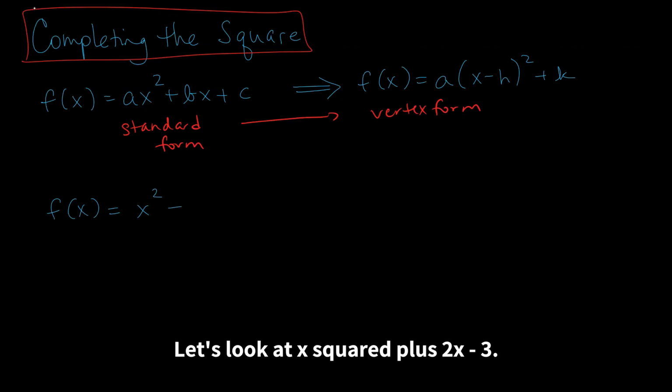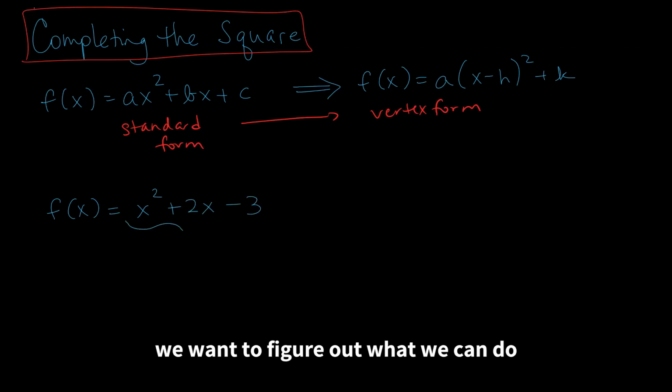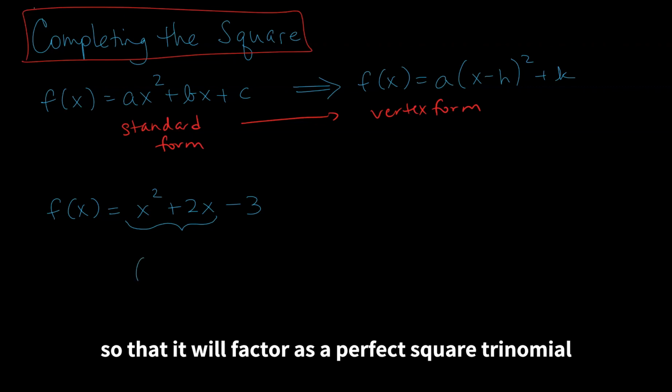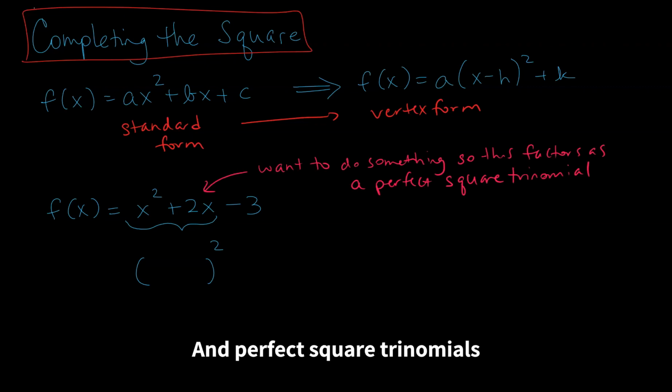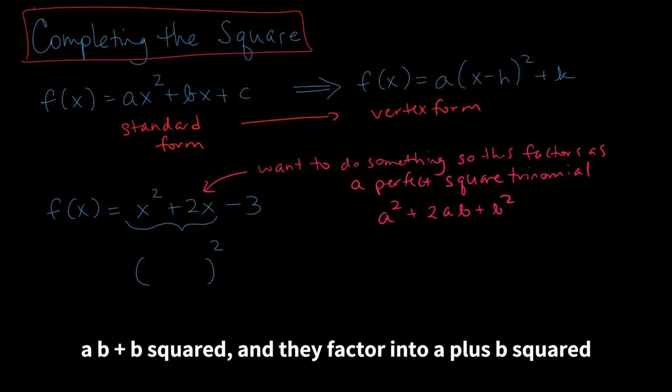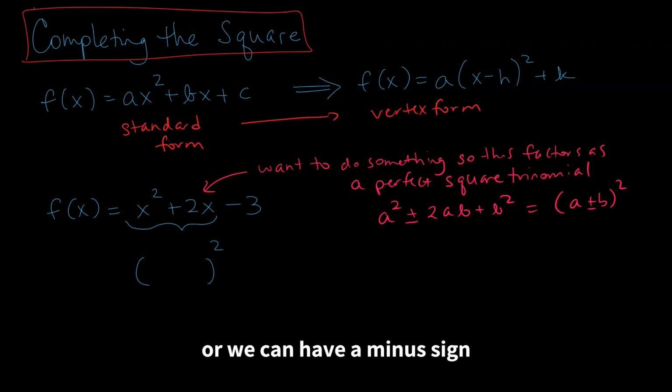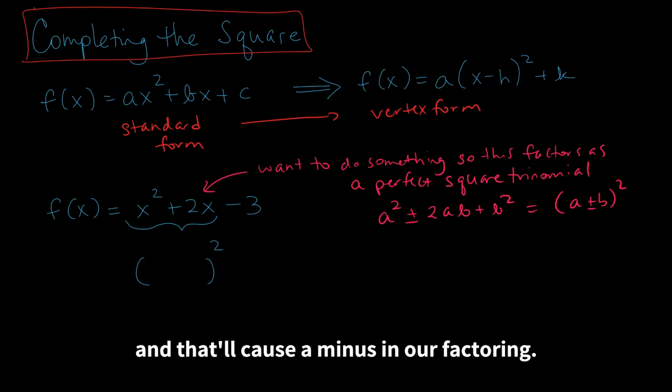Let's look at x squared plus 2x minus 3. The idea here is we want to figure out what we can do to the first two terms that have x in them so that it will factor as a perfect square trinomial. Perfect square trinomials have that form a squared plus 2ab plus b squared, and they factor into (a plus b) squared, or we can have a minus sign, and that'll cause a minus in our factoring.